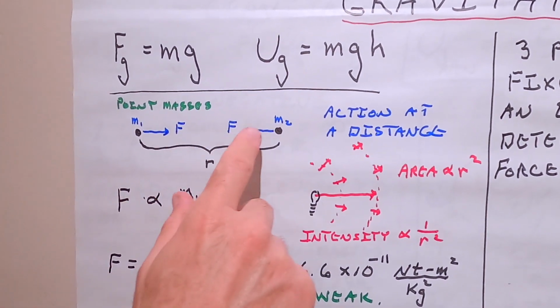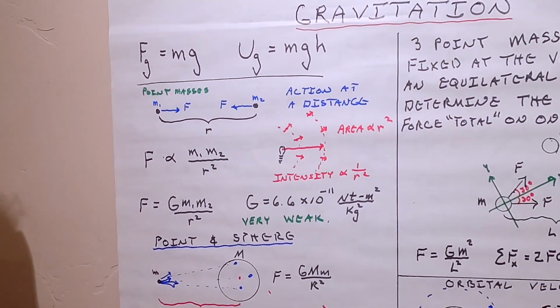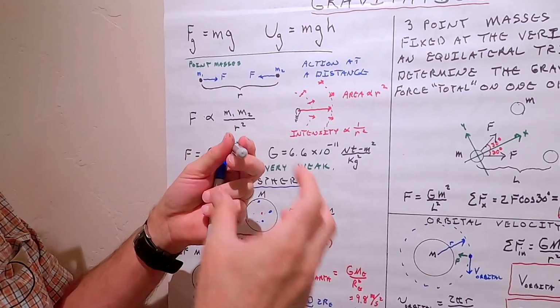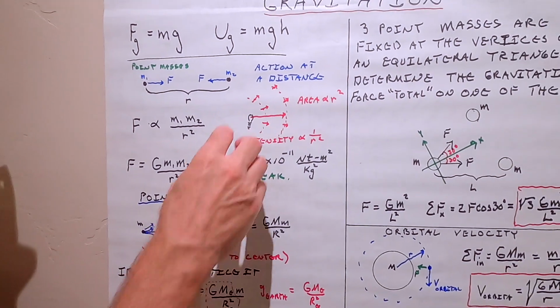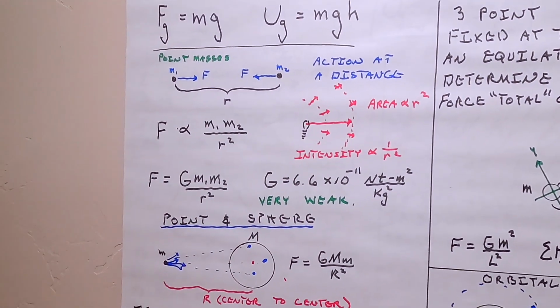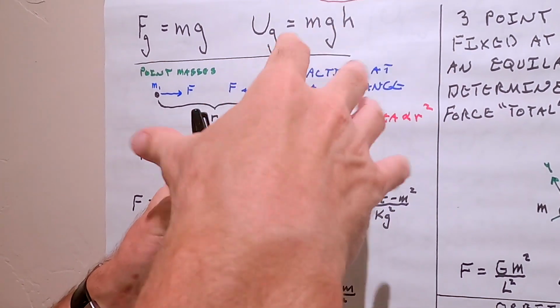Well, how does this pen know that the Earth is there? Well, the Earth must send off some information, just like this should send off some information that there is a pen here. And it's going to send it off just like a light bulb sends off information that there's a bulb there because the light comes out right here.